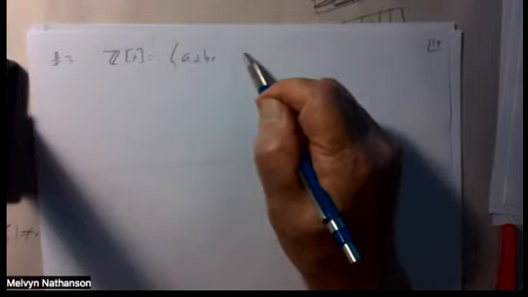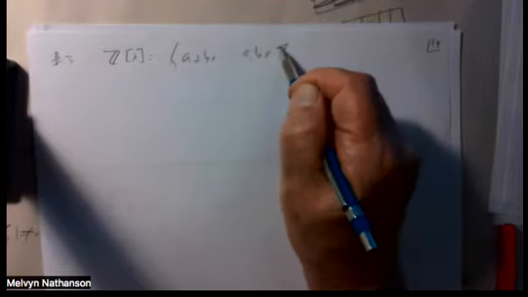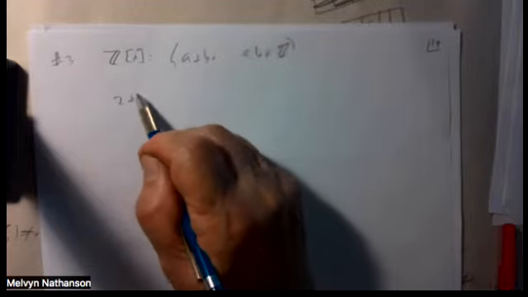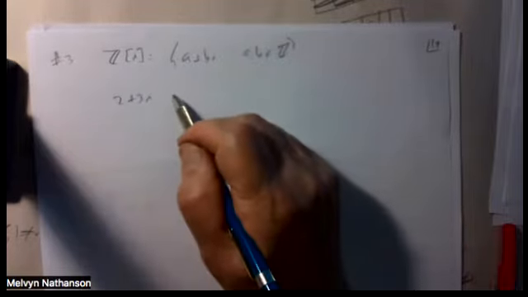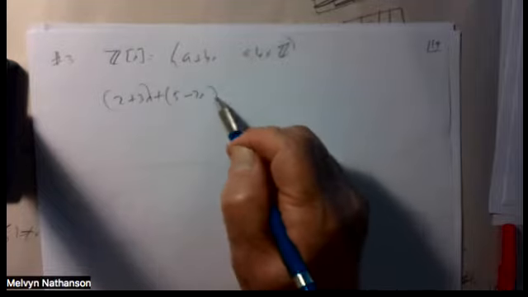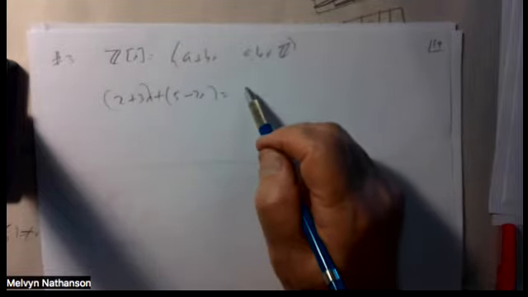These are complex numbers where a and b are integers. For example, 2 plus 3i is an element, and 5 minus 7i is an element. If I add them, I'm just adding complex numbers. I would get 7 minus 4i.